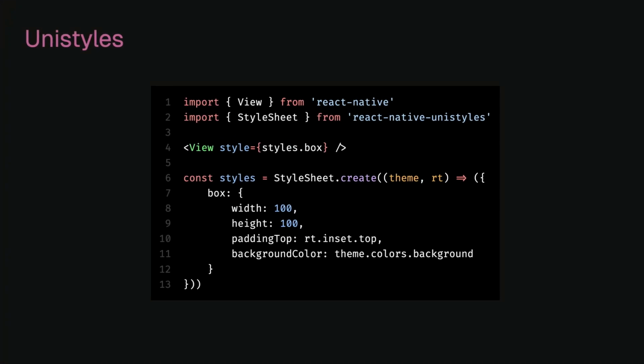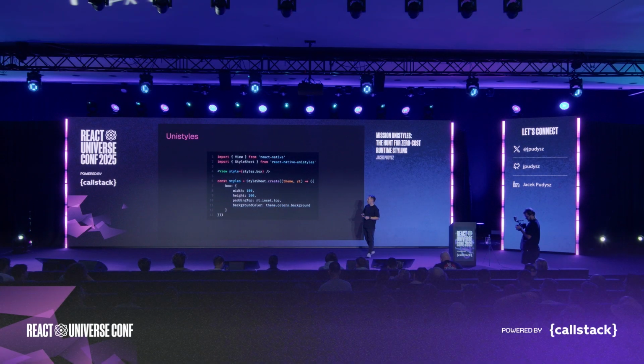This is your theme. There is no restriction on the shape of your theme. You can put there JavaScript functions, nested objects, and so on. And the second argument is actually runtime from Swift or Kotlin. It includes insets, color scheme, and so on. So the idea is to switch your static values, like background color orange, and hook them to dynamic theme. If you change your theme, background color will be automatically updated.